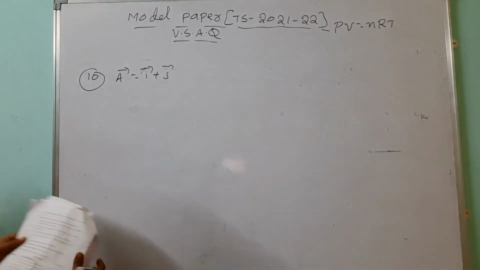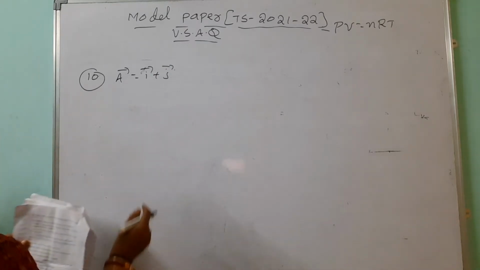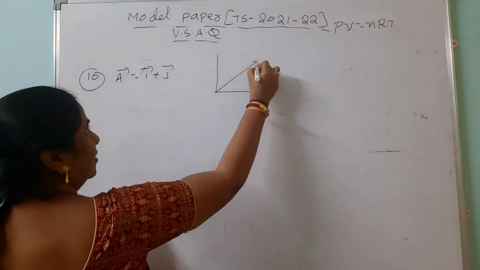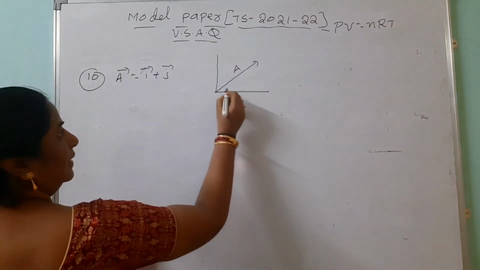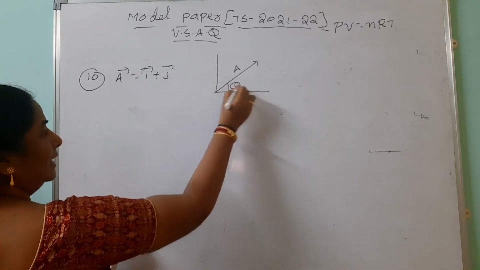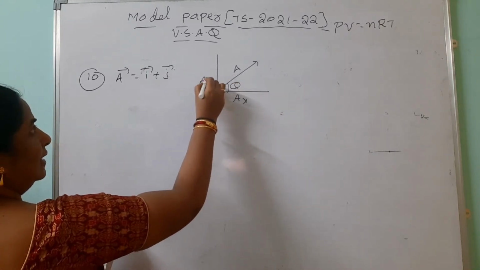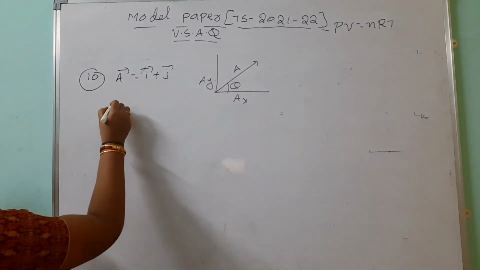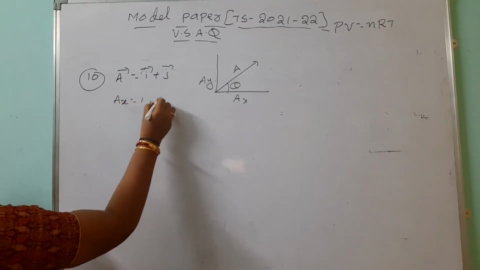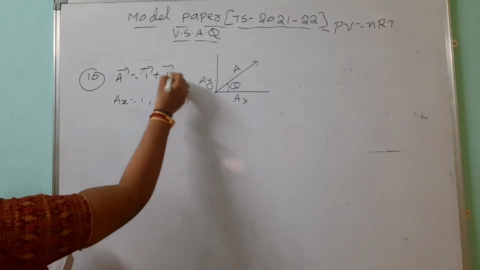What is the angle between the vector and x-axis? Look here. Here A bar is resolved into 2 components. One is the AX, it will make how much angle? Theta. Another one is the A bar. So from this AX is how much? 1 beside of I. Then AY is how much? 1 beside of this J.